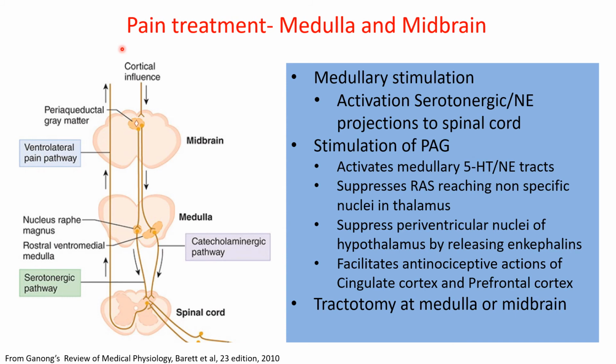That is how the periaqueductal stimulation relieves pain. So there are at least four paths by which it achieves this. Similarly, a tractotomy of the lateral spinothalamic tract, either at the medulla or at the midbrain, the mesencephalon, one can perform, and then it may reduce the pain.